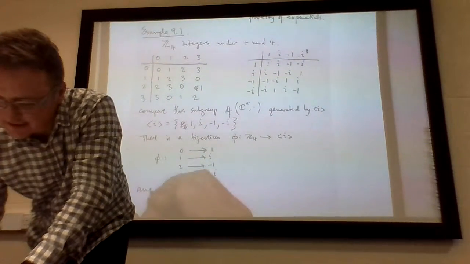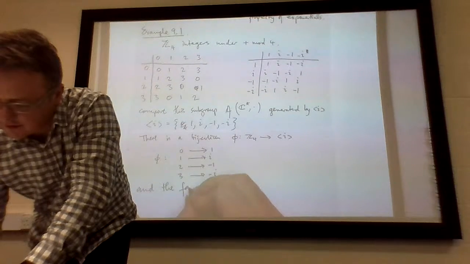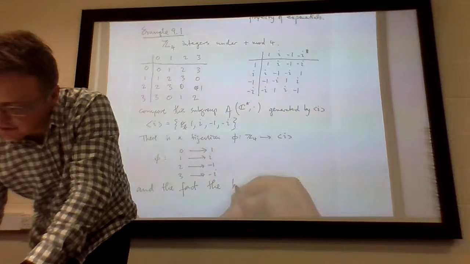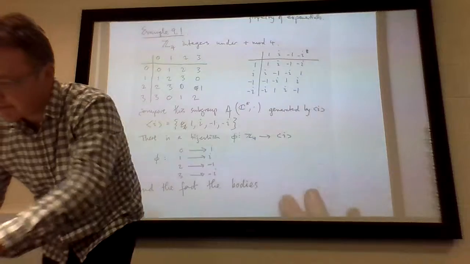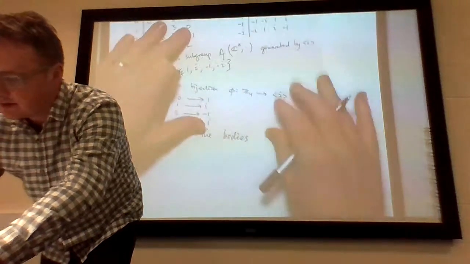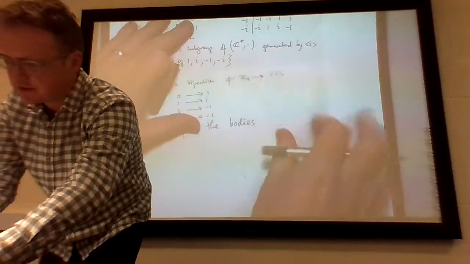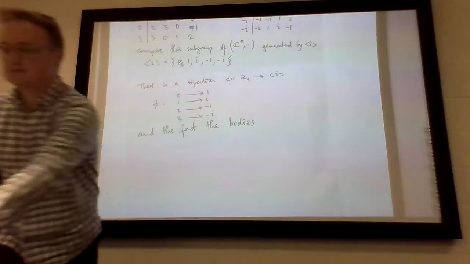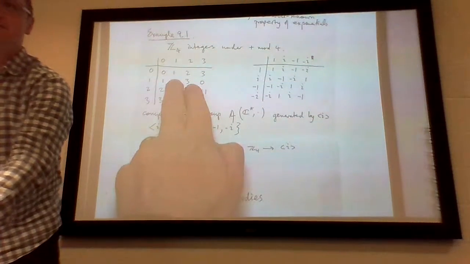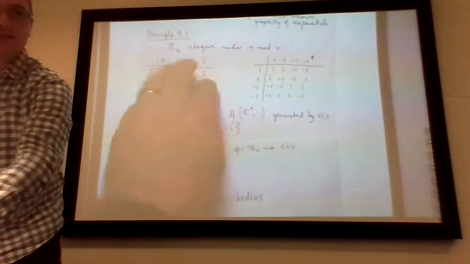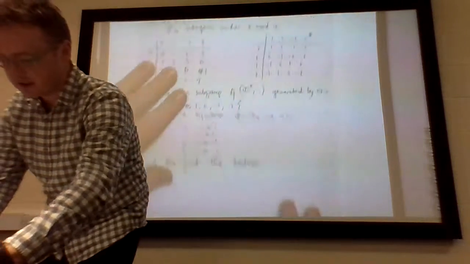And the fact that the bodies of the tables, everybody clear on the term body of the table? So the body of the table is that bit in the middle. You've got the row and column headings, and then the body of the table.